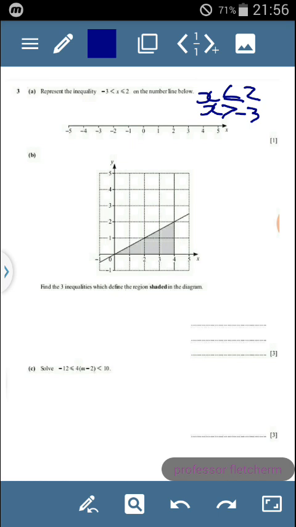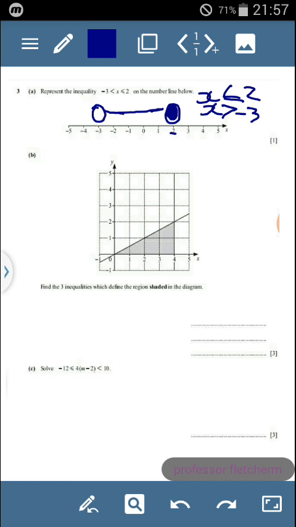So x smaller or equal to 2. We are at this point, so we draw our circle here. When it says smaller or equal to, it means we are going to shade this. And then x is greater than minus 3. So this is our minus 3. If x is greater, we are going this direction. For x smaller or equal to, we are going that direction.